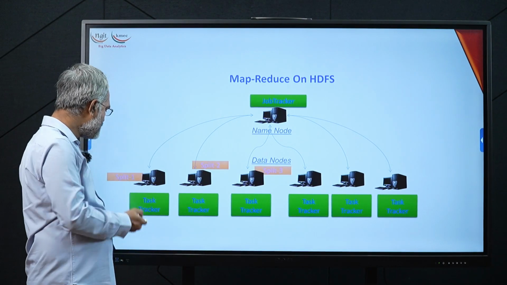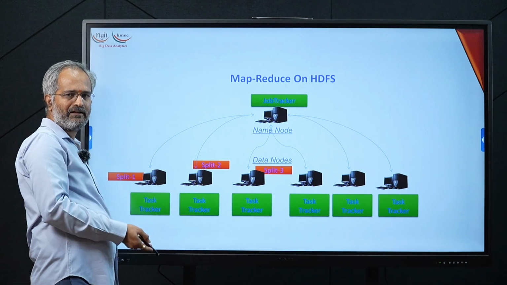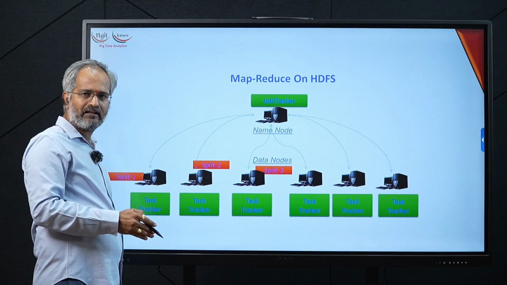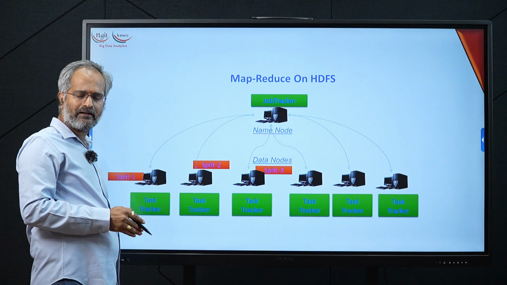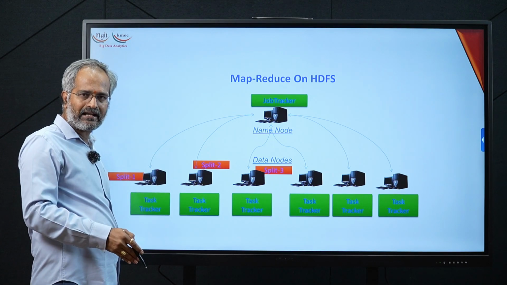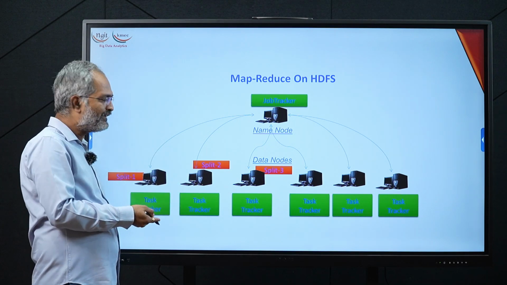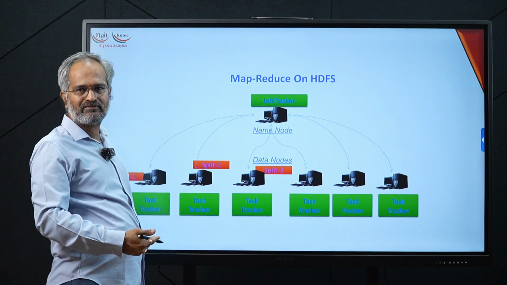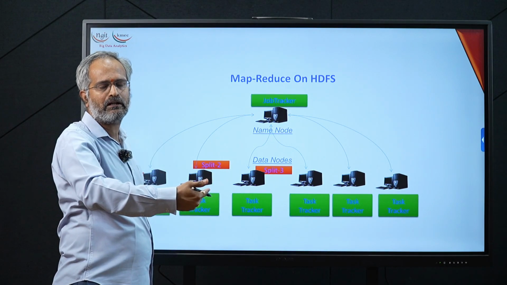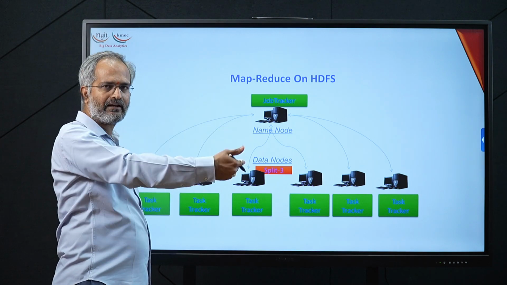So we may have the splits on different places. Here the block is different, split is different. Block is the physical storage, the physical chunk of the data, and here the split is the logical chunk, because if the record is in the middle and it reaches the boundary, it will not stop, it will complete the record.